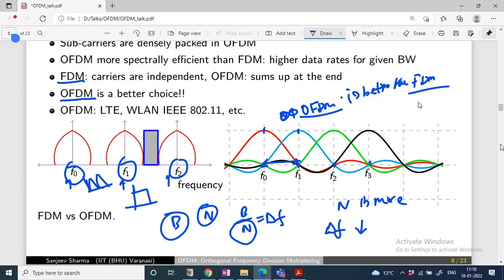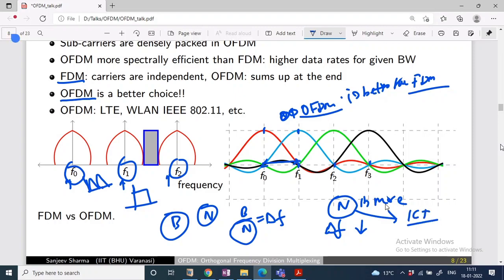If you are operating in a Doppler scenario, where the receiver or transmitter is moving, Doppler is there, so carrier offset takes place, and then it is difficult to handle. So if you put more n, your system is easily affected by this carrier offset, inter-carrier interference.